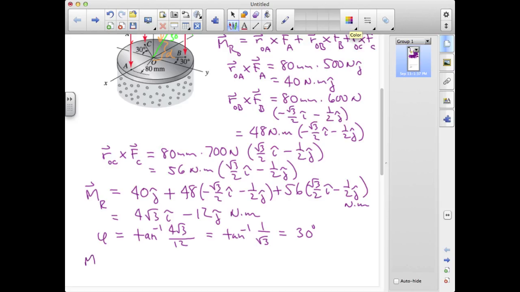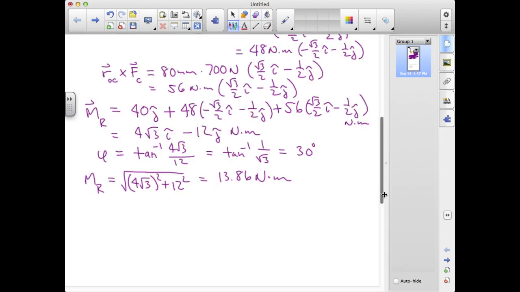I'll just note that if I want to find the magnitude of the resultant moment, I can take the square root of the sum of the squares, and that number turns out to be equal to 13.86 Newton meters. So my distance d is the magnitude of that resultant moment over the magnitude of the force.